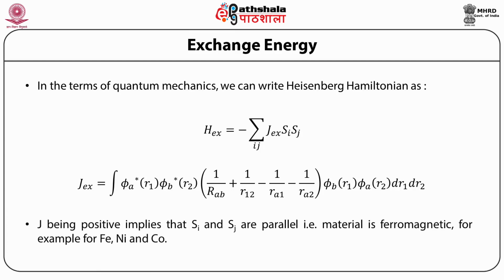J being positive implies that Si and Sj are parallel, that is, the material is ferromagnetic.